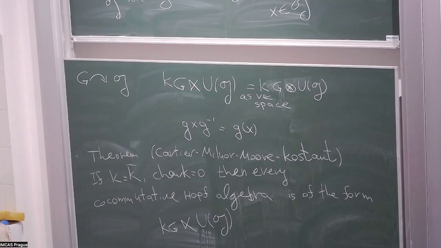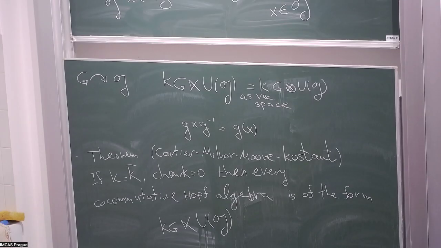Okay, so let's take n at least 2, and zeta to be an nth root of 1. And I have an algebra generated by an element G and x, modulo some relations. First of all, G to the n is equal to 1, x to the n is equal to 0, and G x G inverse is equal to zeta times x.